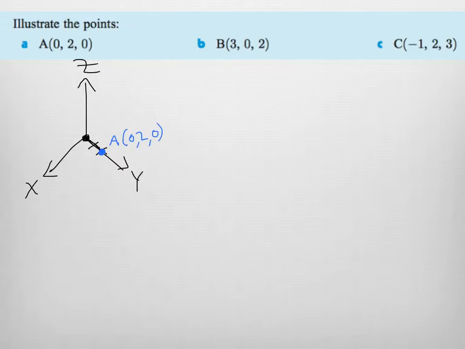Okay. Let's try part B. And you can pause this video to test yourself anytime you want. Okay. Let me just erase this. Sorry, let me just be consistent here. For B, we would go 3 in the x direction, right? 1, 2, 3. So we would go from here, in this direction. 0 units in the y direction, right?